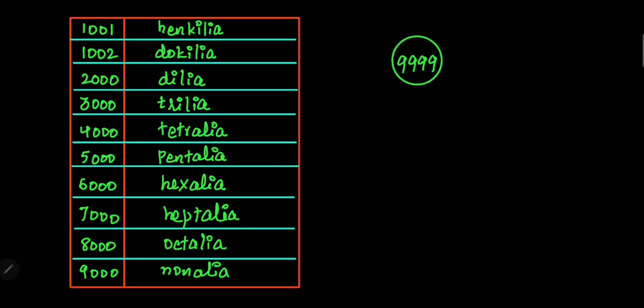If you can notice, we have used di only in two cases. One is dicta, which is for 200. Another is dilia for 2000. And for the remaining things, we have used do. And even we used it for undeca or dodeca.